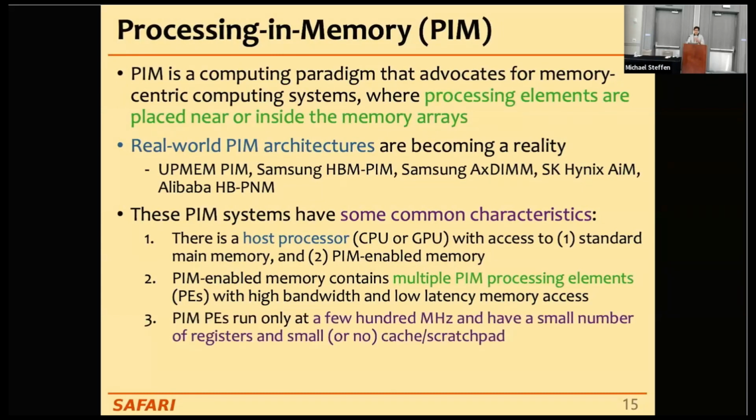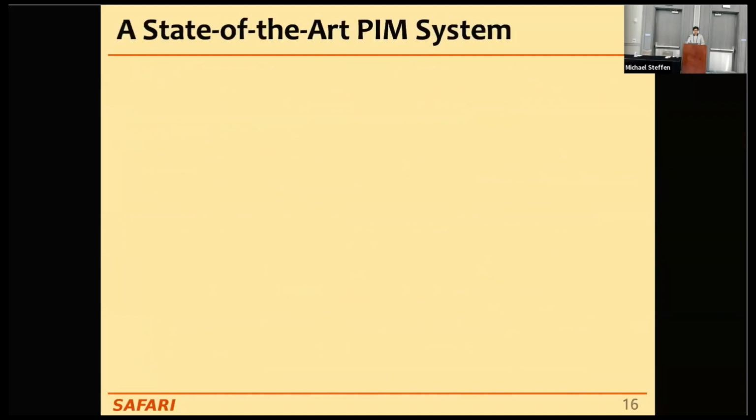The PIM processing elements run at only a few hundred megahertz and typically have a small number of registers and small caches, if they have caches. And finally, they usually need to communicate via the host processor, which might entail some important overhead for some workloads. Luckily, that is not the case in the workloads that we are targeting in this work.